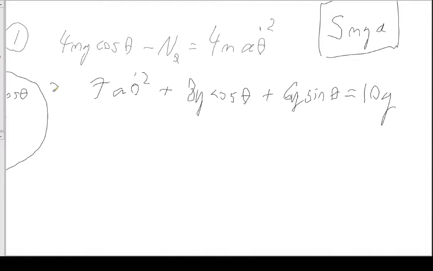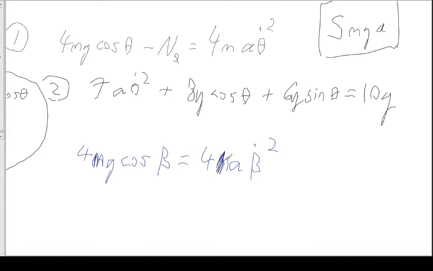Now we want to say that, look at equation 1, when N_Q equals 0, we're at that angle beta. That's the beta in question. So we have 4mg cos beta equals 4m a beta dot squared. Let's cancel the m's. Okay, so it's pretty similar to this. I'd like to substitute out the a theta dot squared, so I can just see that that's equal to 7, isn't it?